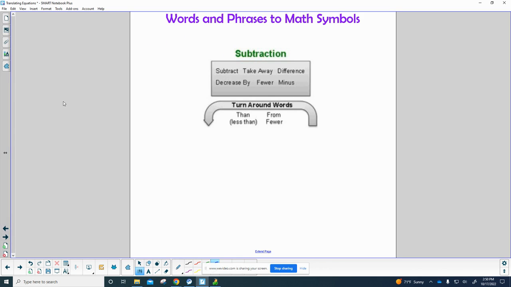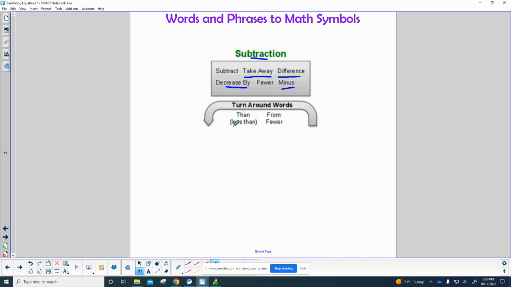Okay, how about subtract? Subtract, take away, the difference, decrease by, like a number decreased by 5, or a number 6 fewer than a number, or 7 minus 3, or something like that. Those are all things that you would use to give you a subtraction sign.